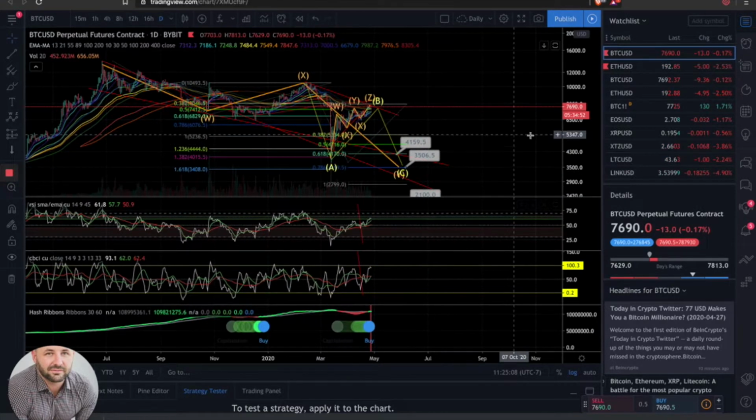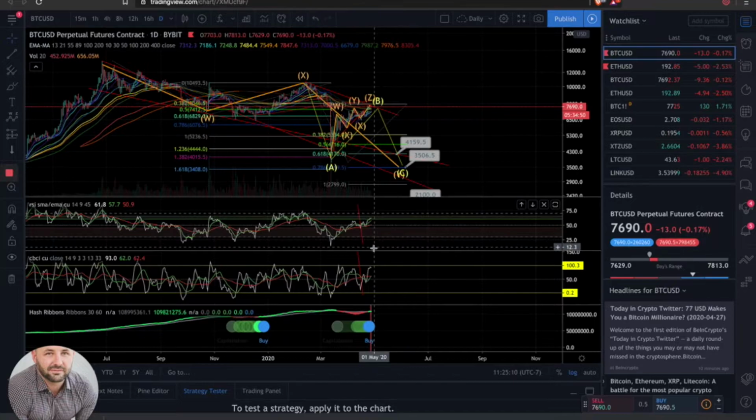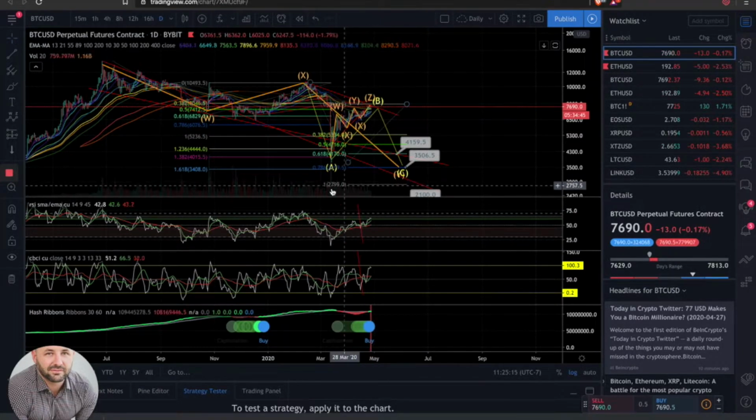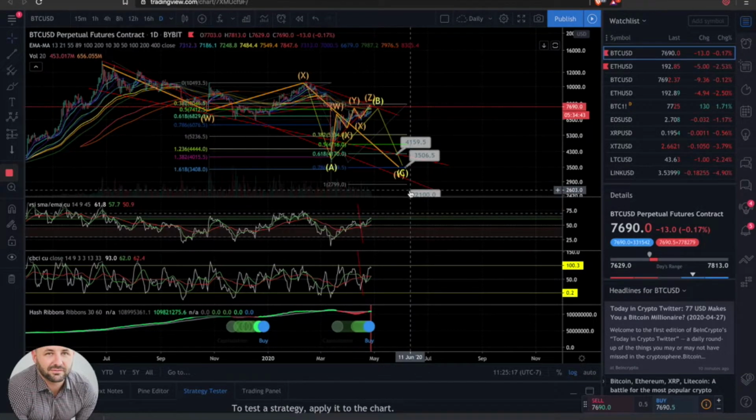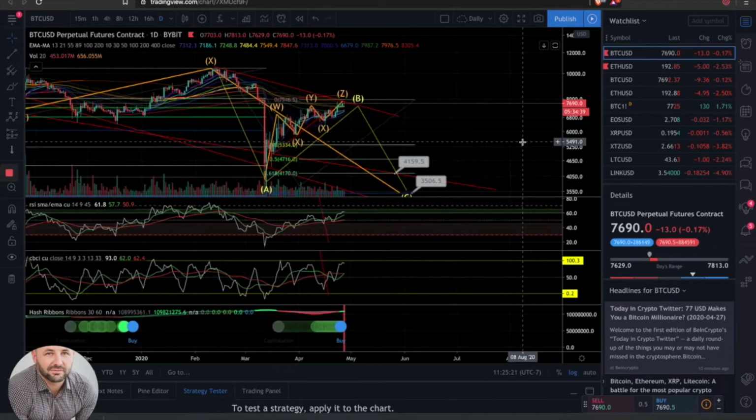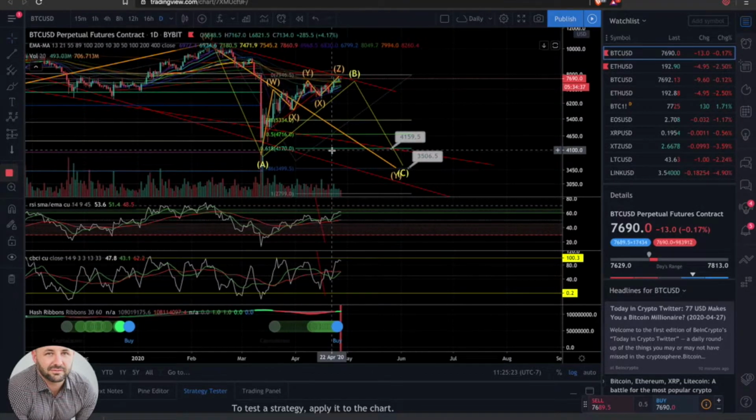But what's interesting on this is we normally don't get the sell pressure signal right after the buy. Normally it's been right before, and then we get the buy signal. So it'll be interesting to see what that truly means. Does that mean that this is going to be the top?